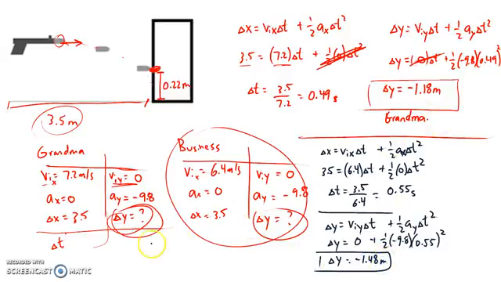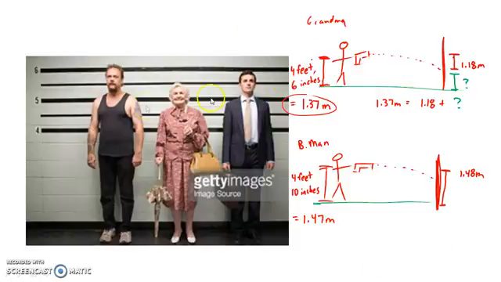So how can this help us solve our mystery? Well, we know the grandma's bullet would fall 1.18 meters and the businessman's 1.48. So if we take a look at their mug shots, assuming they held out the gun from about shoulder height, the grandma's shoulder height is 4 feet 6 inches, so between 4 and 5 feet.